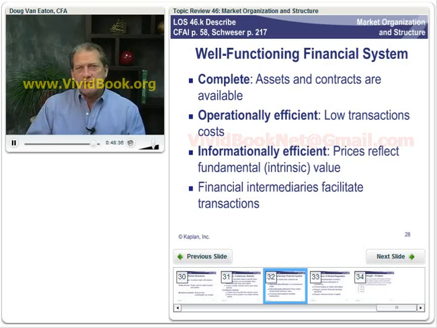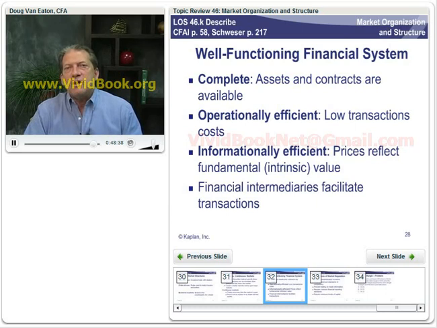A well-functioning financial system should allow for informationally efficient market prices, that is, prices that reflect fundamental intrinsic value. And as new information arrives, informational efficiency says that prices should adjust without bias, maybe not correctly, but with no predictable bias, to a new level to reflect the new information about the future cash flows from the security.